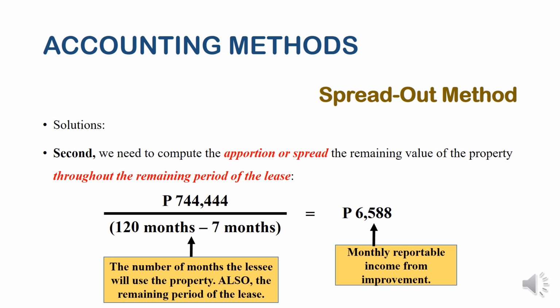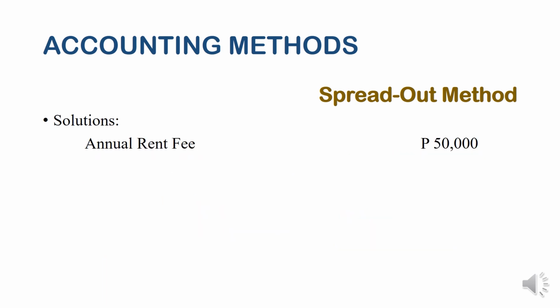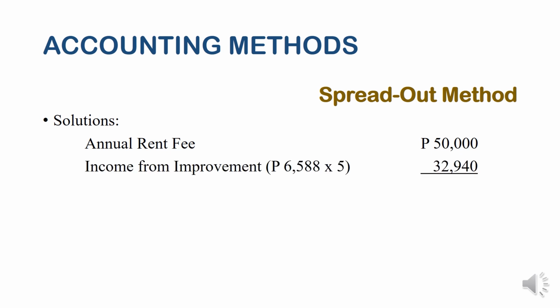So now let's compute how much is the income of the lessor in 2018. The annual rent fee is 50,000 pesos. We have the income from the improvement, that is 6,588 times 5 months. Why 5 months? Let's count: August, September, October, November, and December.